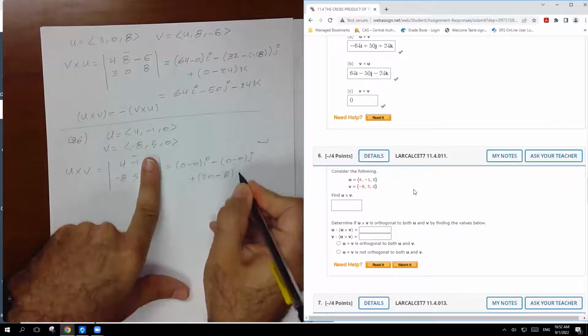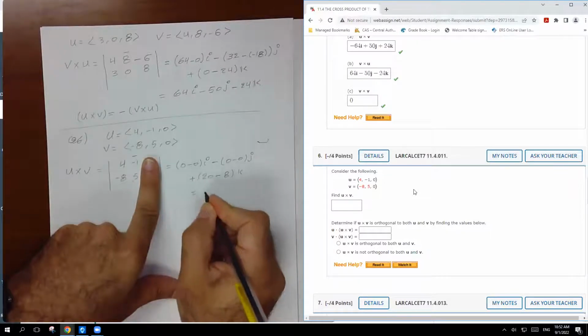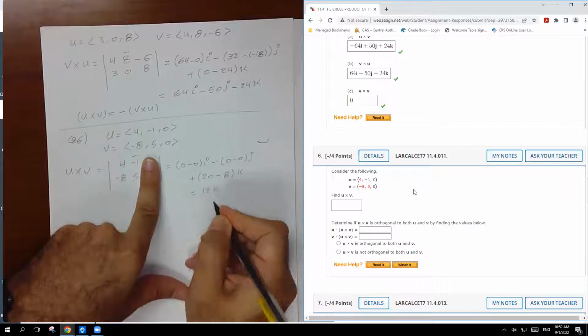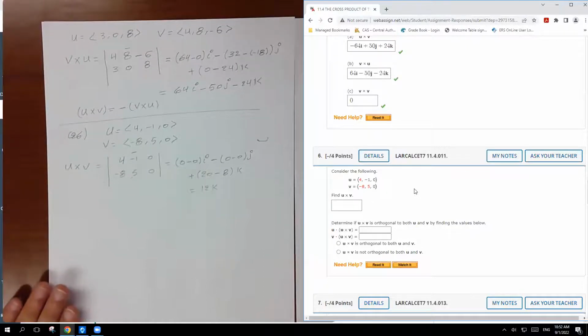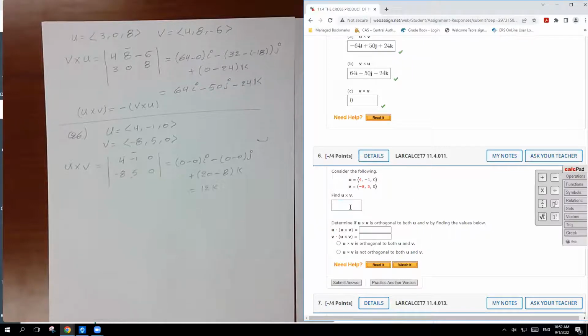So 20 plus 8 means it's going to be 28k. Here's the cross product between these two vectors. Okay, so I'm going to write down the cross product.